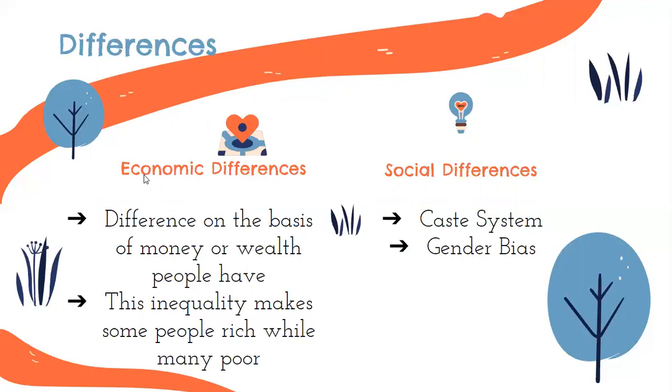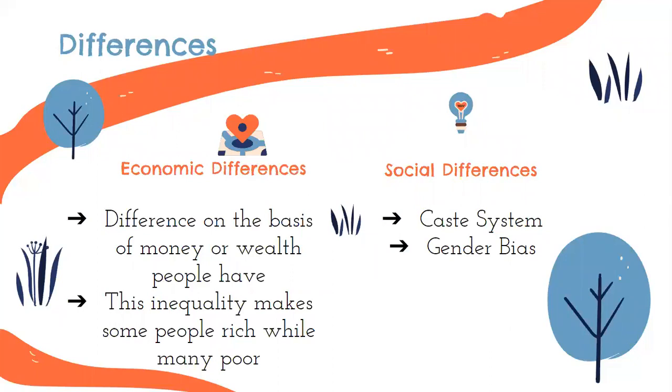Now, students, some people have more money while some have less money, right? And this inequality makes some people rich while many more people are poor. What do you think? Are there more rich in the country, or are there more poor people living in the country?